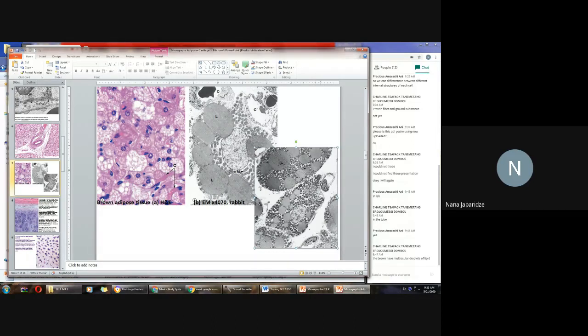Okay, this is a capillary again, this one and here that one. So each of these brown adipocytes looks like this cell or those cells in the TEM images. Okay.